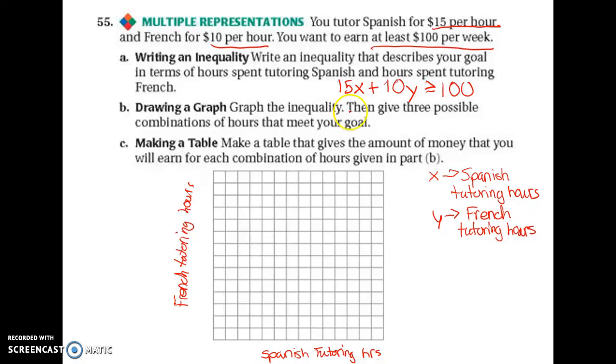When I look at this inequality, I need to think about what numbers I'm going to be dealing with, and it looks like if I just think about if this was 0, I could actually graph the x and y intercepts. So if I make the y 0, I know that this is not going to be too many hours to get to 100. So I'm going to just count by ones for my scale.